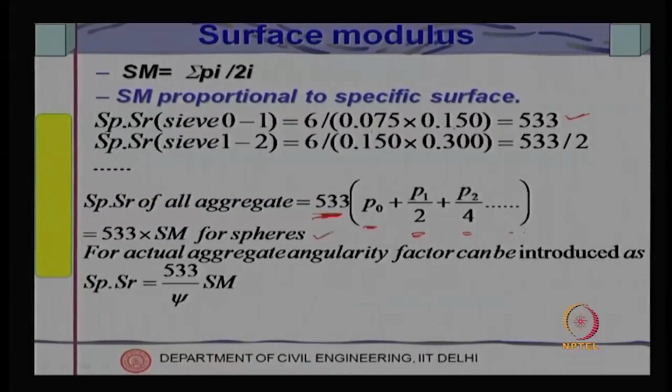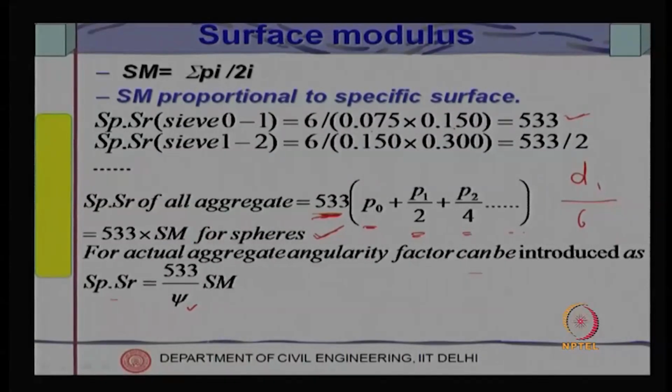Now, this is for spheres, because we have used d by 6. For actual aggregate, an angularity factor can be introduced, and therefore the specific surface is given by 533 by the angularity factor, which we have defined earlier.